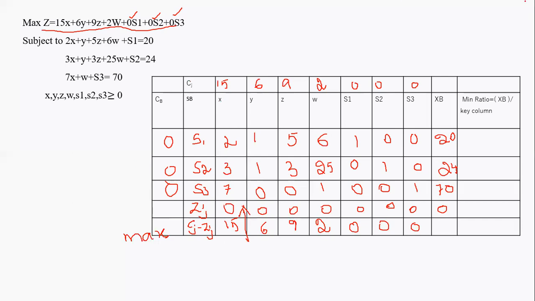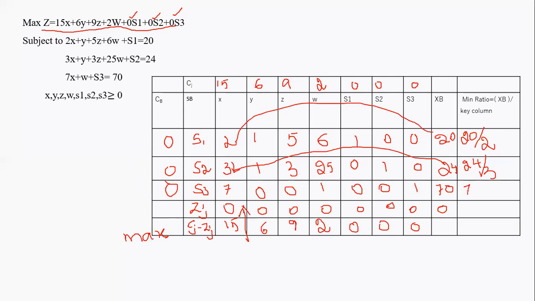After finding the key column, we have to come back to this column, that is the minimum ratio. Minimum ratio is XB divided by key column. So my XB is 20 divided by the corresponding key column element, that is 2. Next I have 24 divided by the key column element 3, so 24 divided by 3.